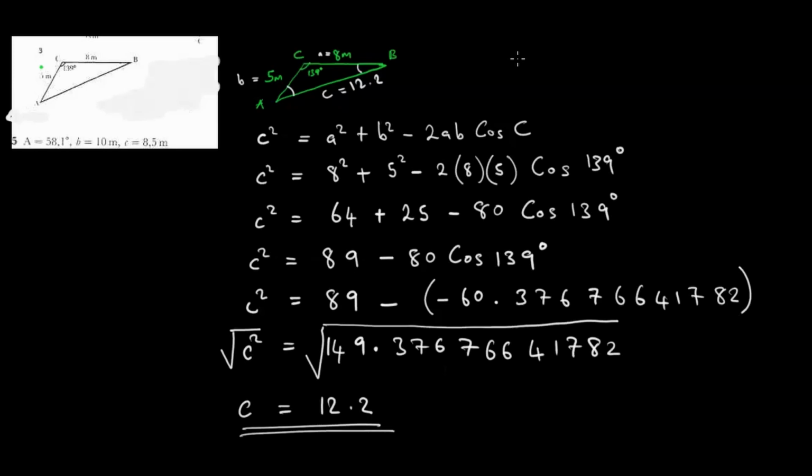We have found the value of c, which is what we've got here. We want to find the value of either angle A or angle C. We can use the cosine rule, but it's best to use the sine rule.